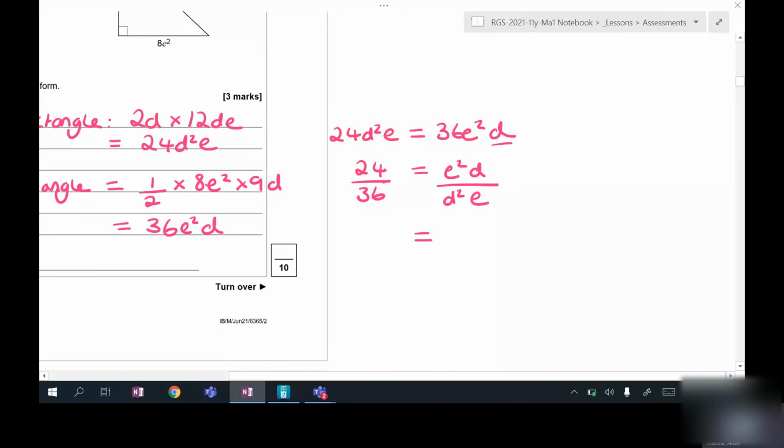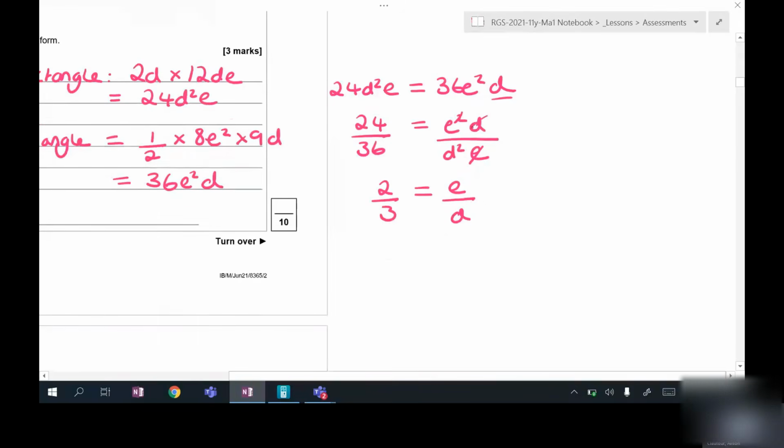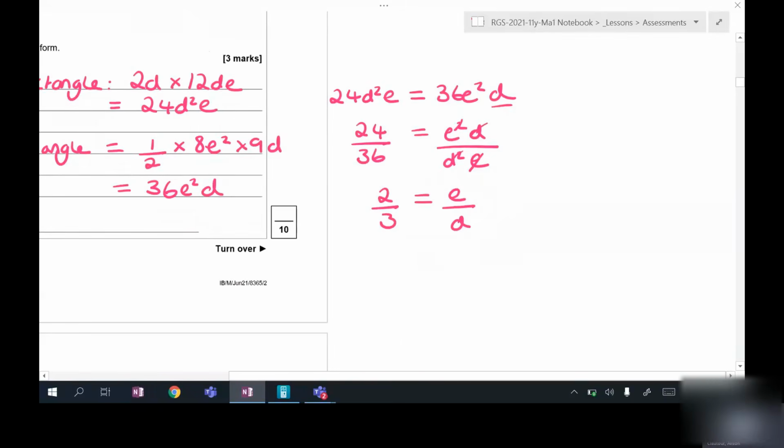You can cancel down 24 divided by 36 to 2/3. And then your e is going to cancel and your d is going to cancel on the bottom. So actually I've worked out e over d, but I can just flip that upside down. So the answer would be 3/2.